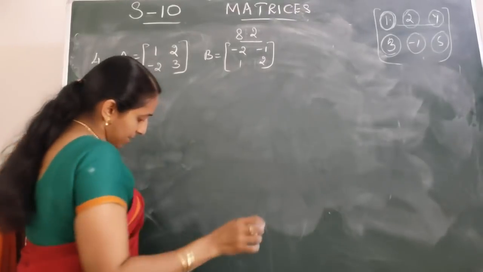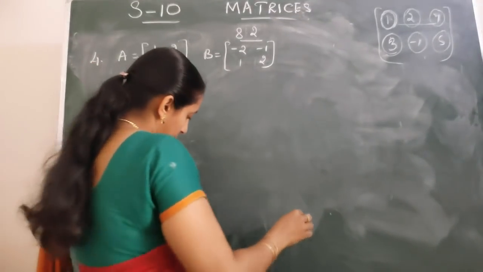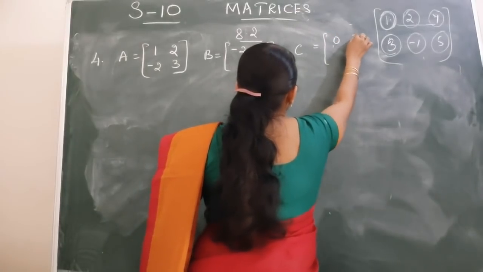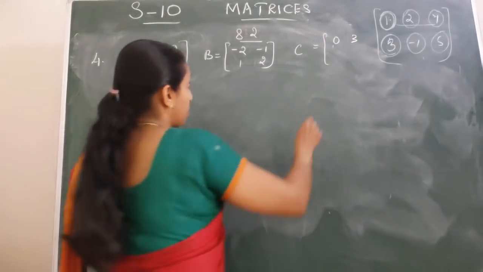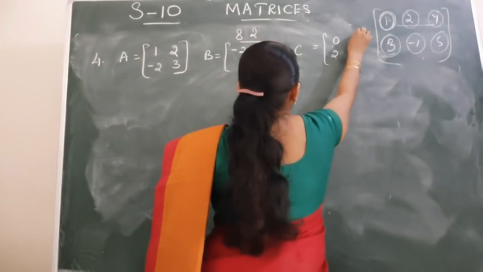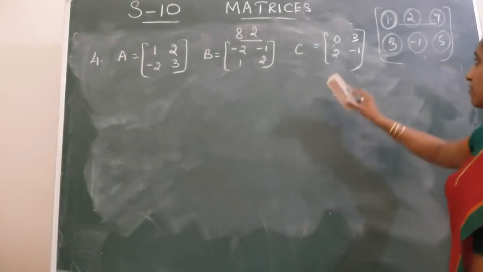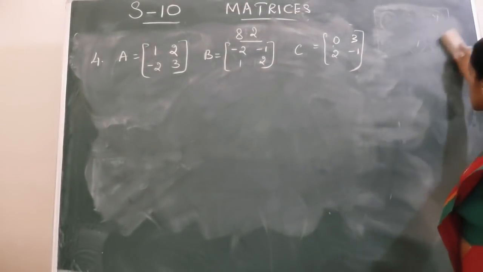And one more matrix C. C is given as 0, 3, 2, minus 1. So A, B, C, 3 matrices are given and you have to calculate according to the question.